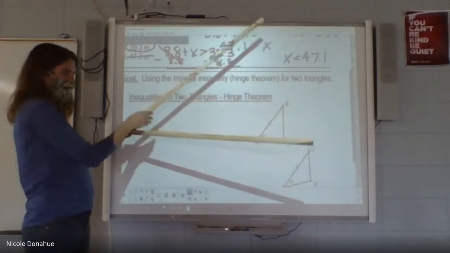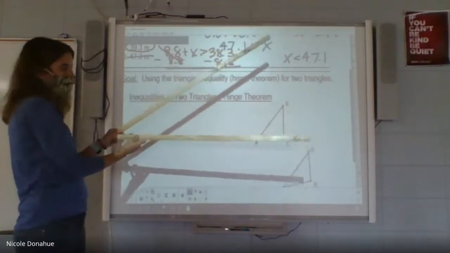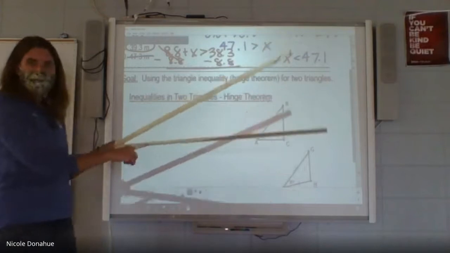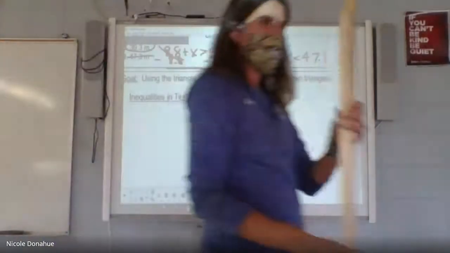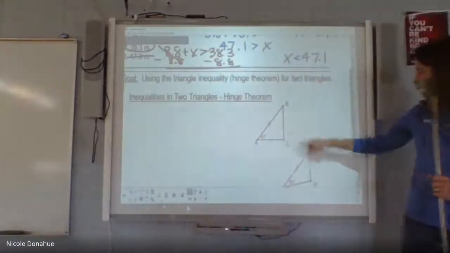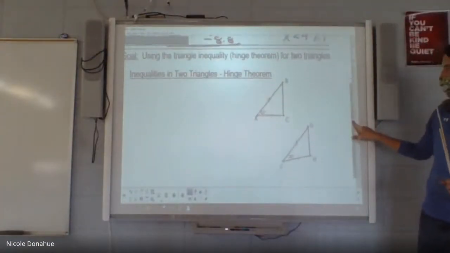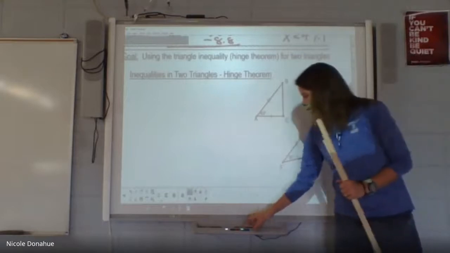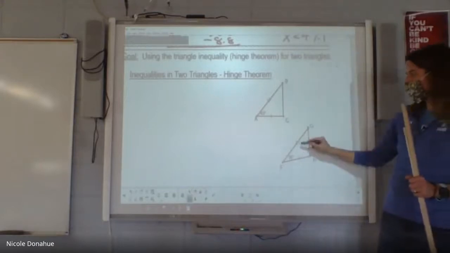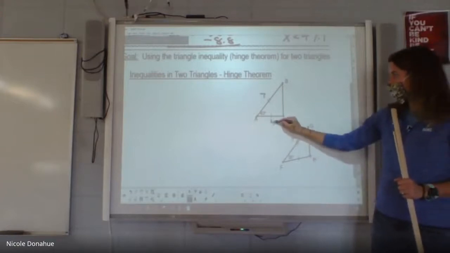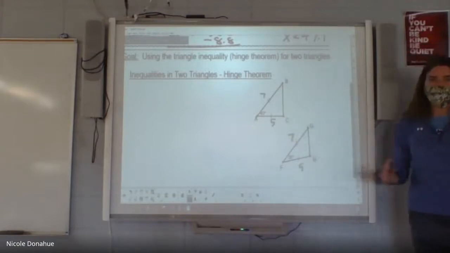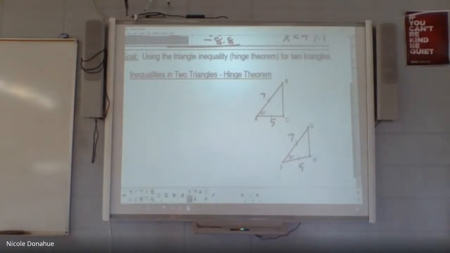If this angle is bigger, that distance is going to be bigger over there. So if I don't change these side lengths, that's always going to hold true. That works for one triangle, but now I have two triangles, and they're telling us these side lengths are the same. Like if this is 7, this is 7. If this is 5, this is 5. So those distances aren't changing.